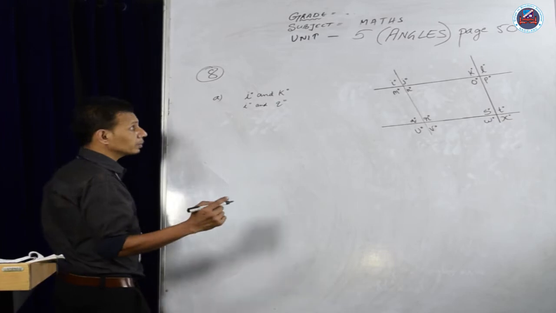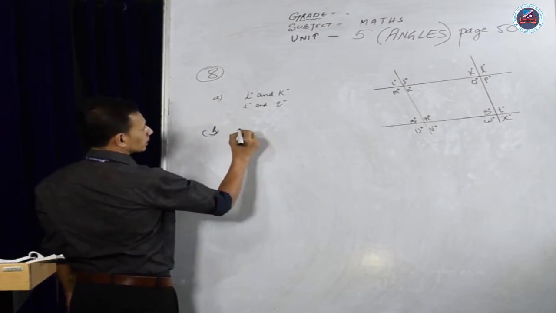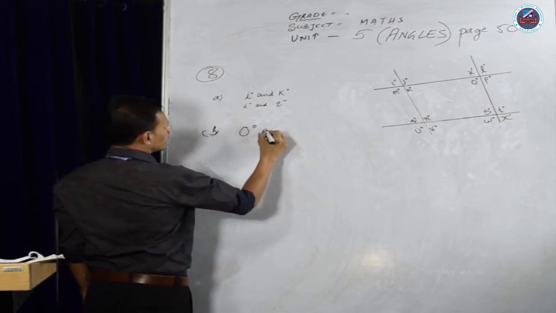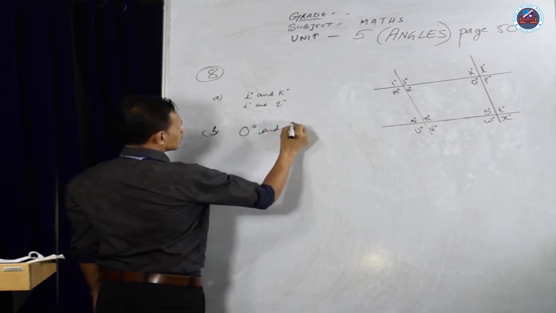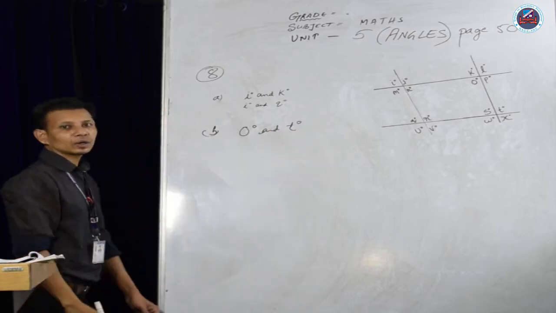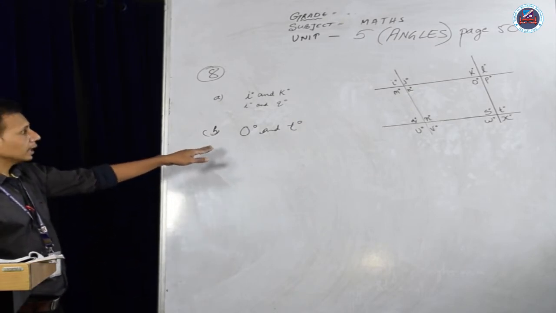Okay, go through the PPT properly. Number B. O degree and T degree are equal because of alternate angles.